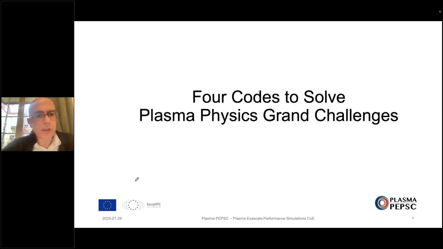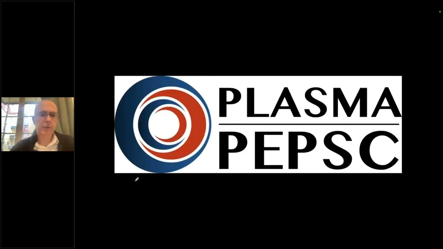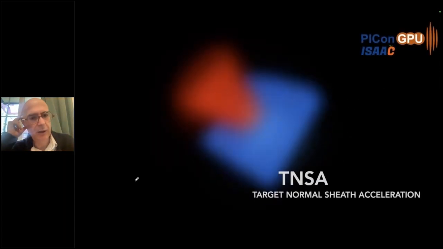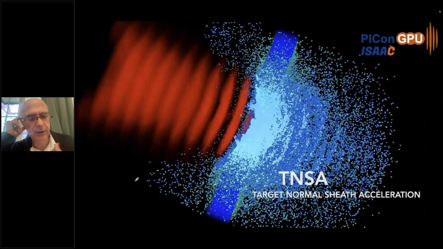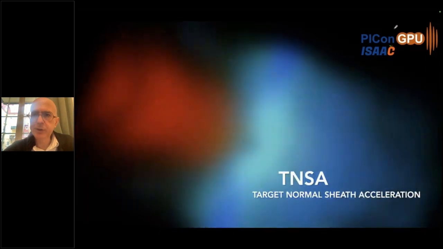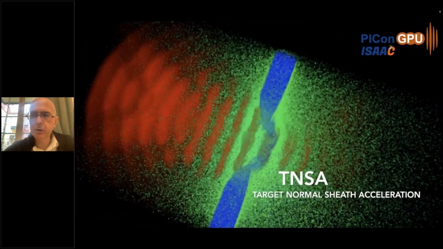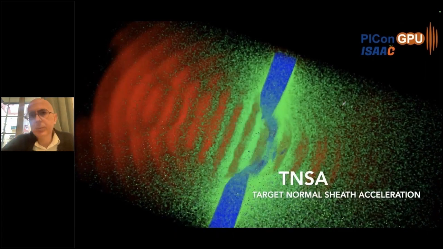In the continuation of this presentation, I'm going to give you a very brief overview of the 4 codes. I will first present a video just to give you a visual understanding of the 4 codes and the technique. The first code is PIC on GPU, a particle in cell code.